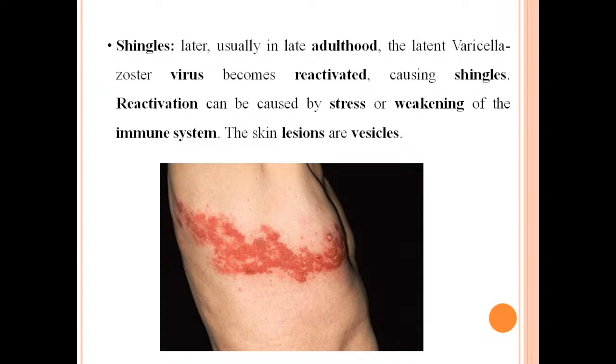Shingles occurs in late adulthood when the latent varicella zoster virus becomes reactivated, causing shingles.